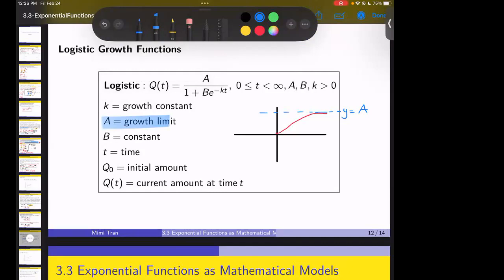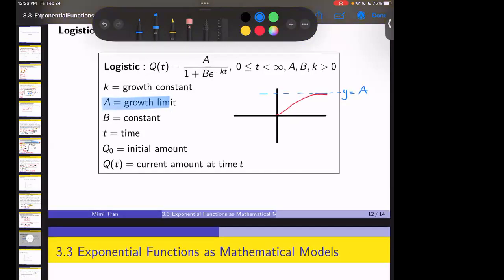B is a constant, usually given. T is time, Q naught is the initial amount or initial number of people infected. Q of T is the current amount at time T. K is a constant, not a growth constant. I'm sorry. It's just a constant. I wouldn't say it's a growth constant. Just leave it as is.